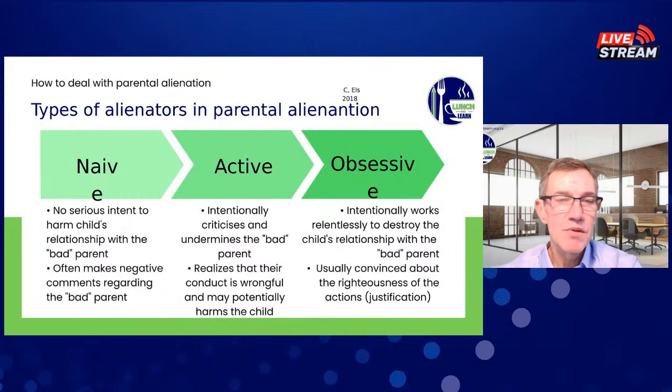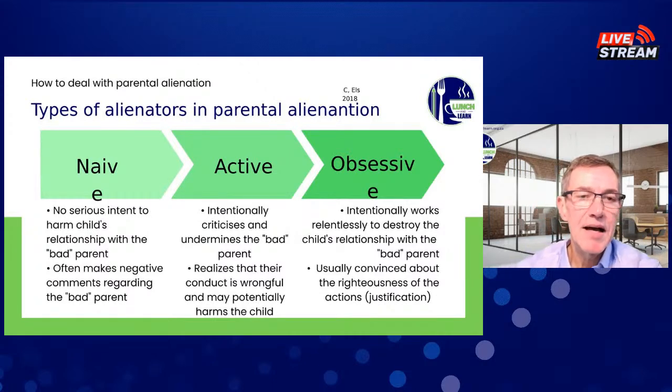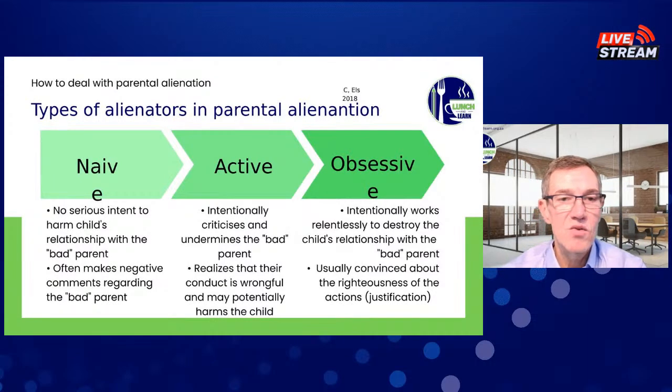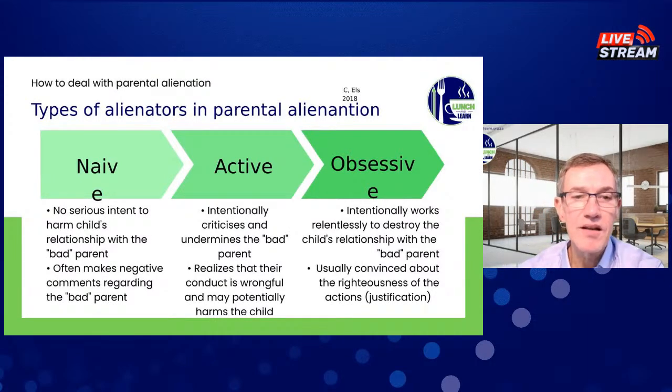Then lastly, we come to the one that is quite severe, and that is the obsessive alienator. Now, this is the alienator that spends time, effort, all the attention, intentionally working relentlessly to destroy the child's relationship with the other bad parent. And we do see that in the South African context as well. They are convinced about the righteousness of their actions.